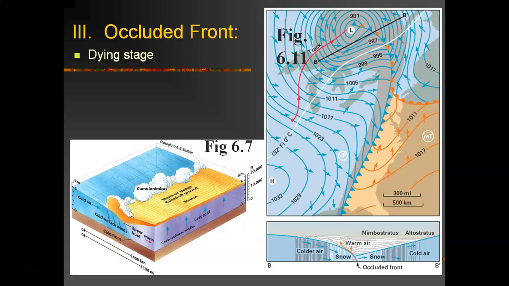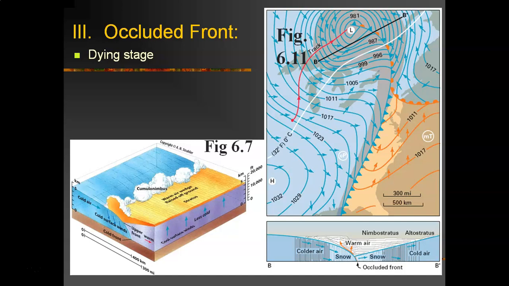And so this represents the dying stage of a wave cyclone. Now, what we wind up with is cold air and cold air at the surface. And so we've eliminated those surface temperature differences, and the whole thing is eventually going to rain out, lose all of its moisture, and just wash off a weather map. It is the dying stage.